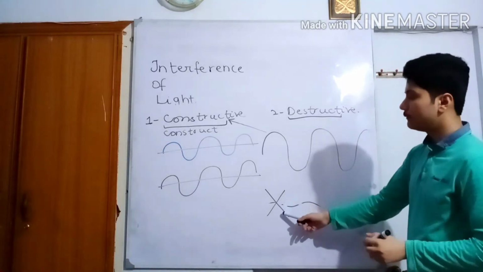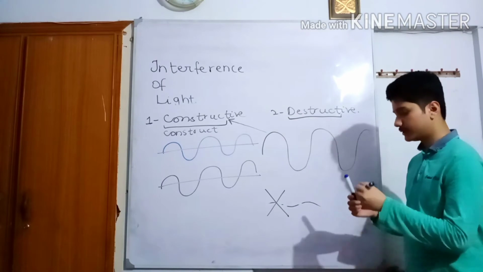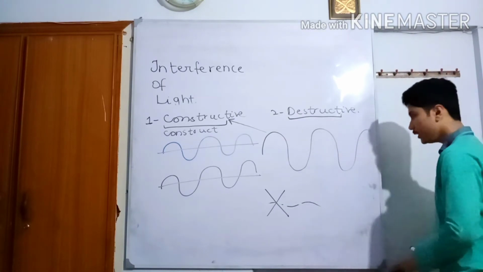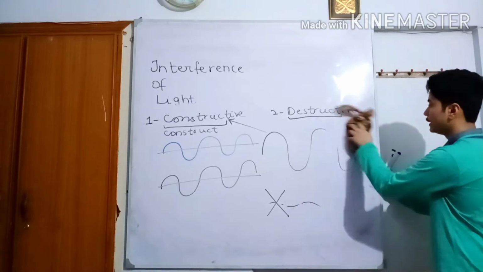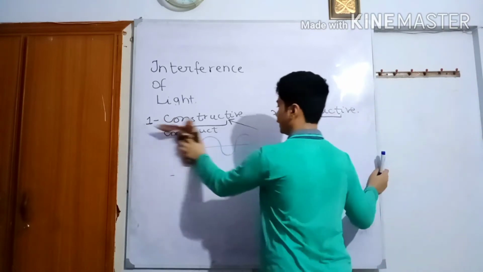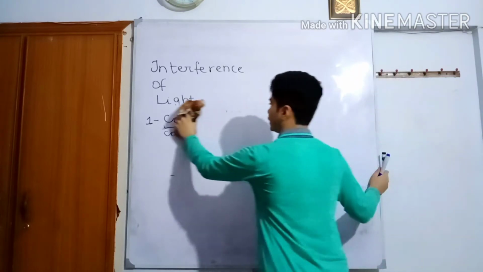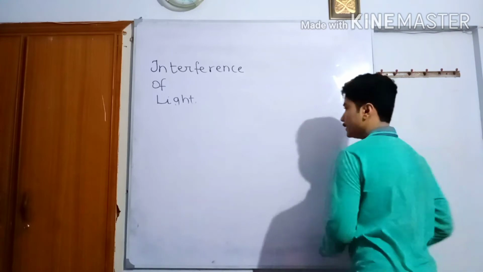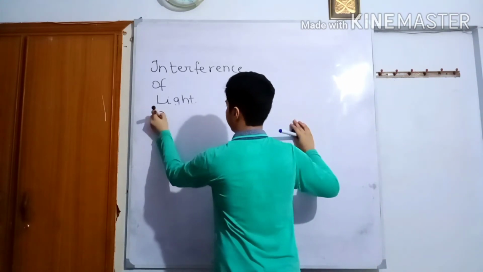So these 2 light waves demolish themselves because of destructive interference, and hence no light wave is formed. So when 2 light waves interfere, if the intensity is greater, it is constructive interference. If the intensity is lower, it is destructive interference.